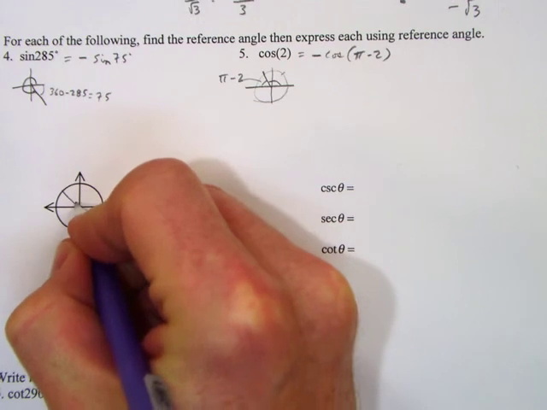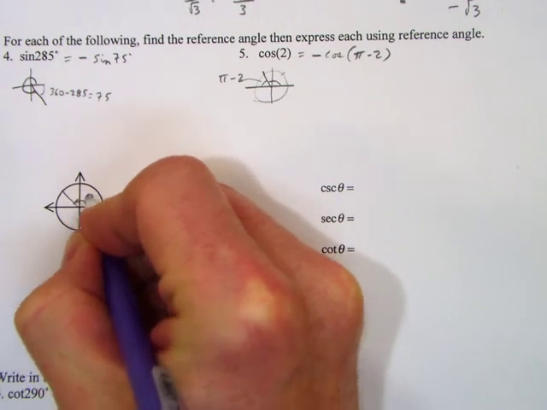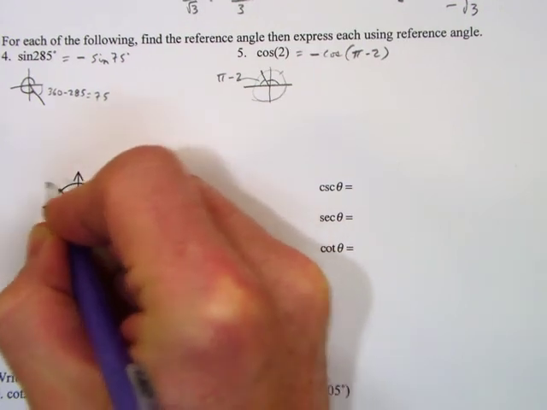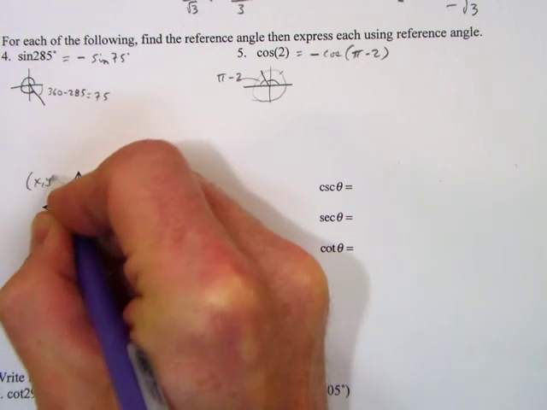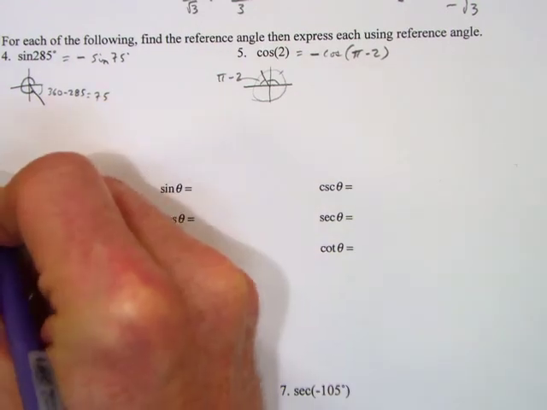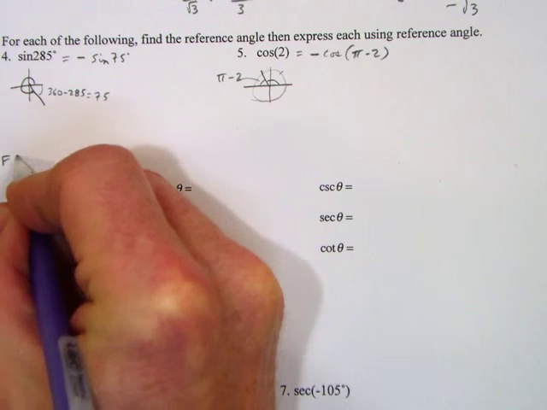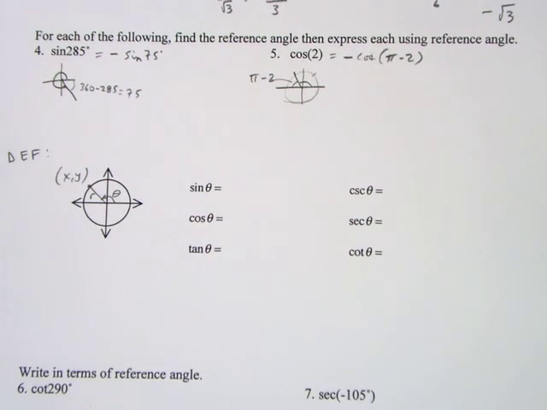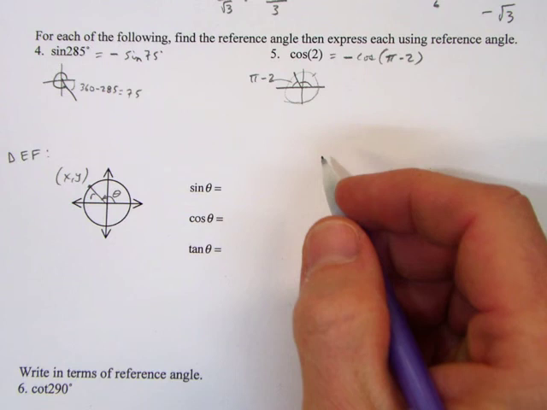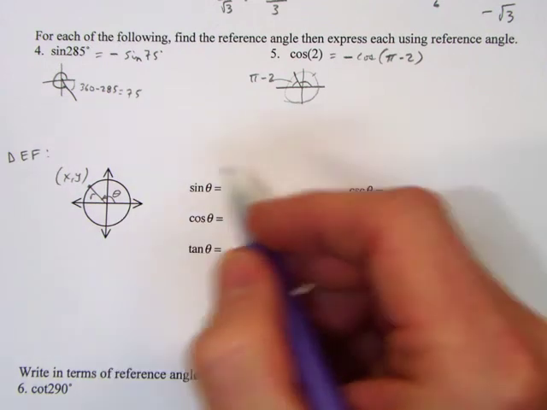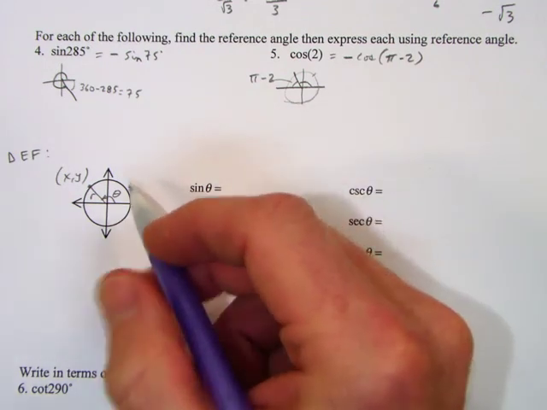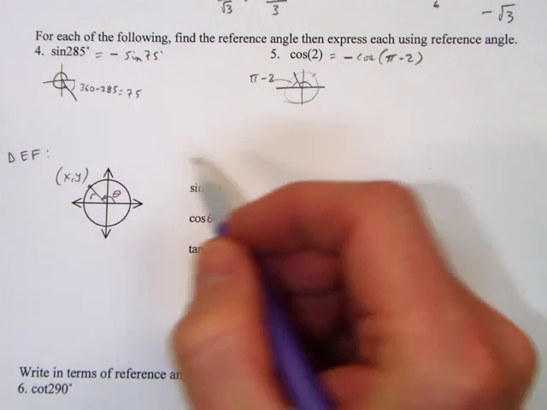If I give you this angle, here's theta, we have r, and we have some point x comma y. You can write, here's a definition. The sine of theta, we already know in a unit circle would just be the y value.